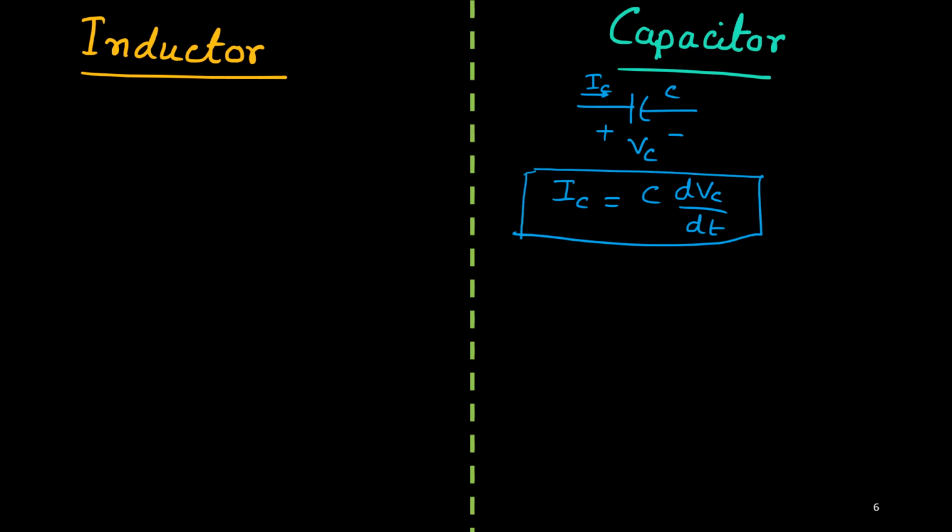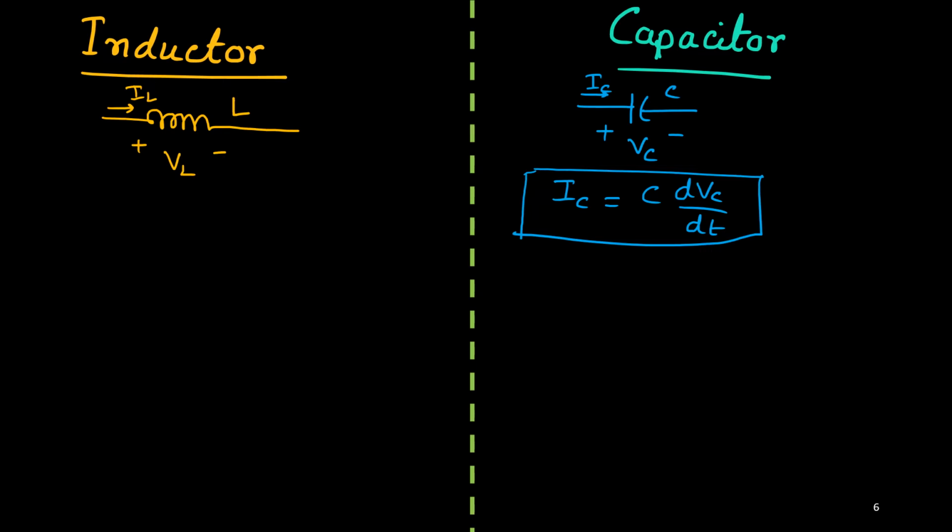Now for the inductor, this is one inductor with inductance L, and the voltage across it is V sub L and current is I_L. So here you will get a different equation, just the opposite one. Earlier I_C is C dV_C/dt.